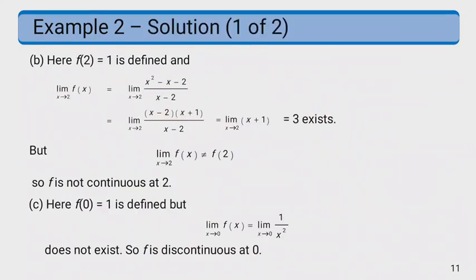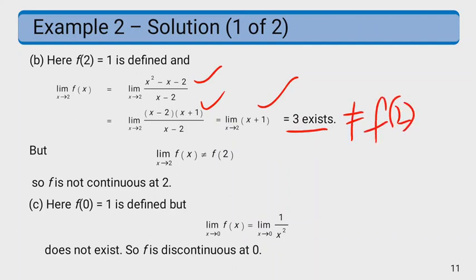And then we come to the next case. You try to find the limit for the next case. Then you factorize and simplify the function, and you get here, as the limit of this function as x goes to 2, it becomes 3. So in this case, again, remember on the right hand side we found that f of 2 was 1, so this is different from f of 2, which was equal to 1.